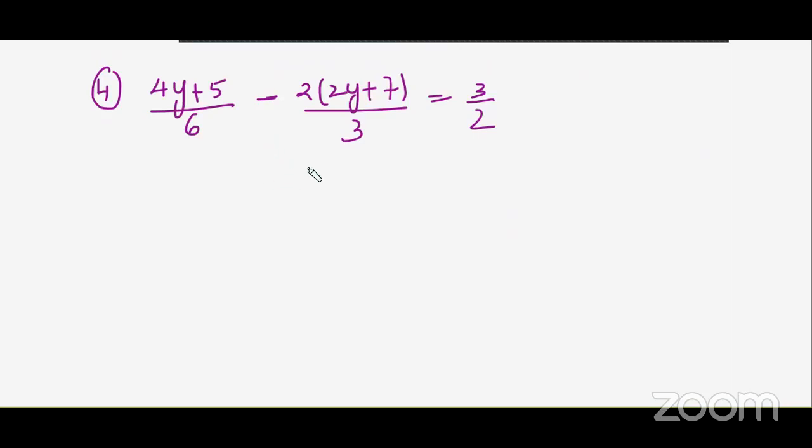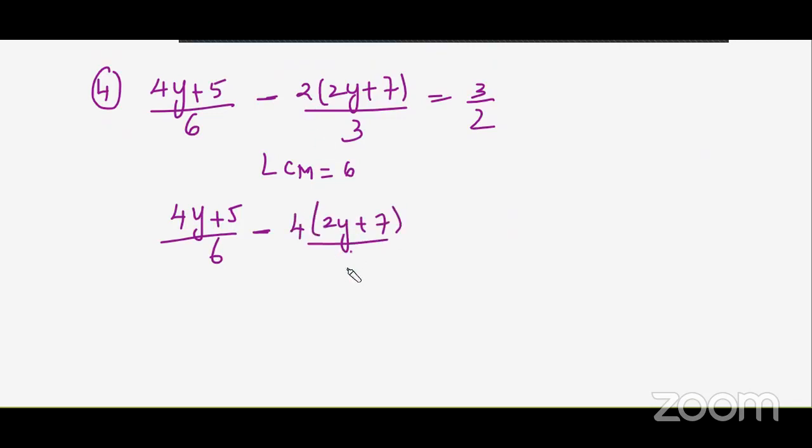Nothing to multiply in the first fraction, but in the second I have to multiply by 2. Already a 2 is present in the question, so one more 2 has to multiply. So I'll keep my first fraction as this. The second fraction, I'm going to multiply by 2. Already a 2 is there, so 2 2s are 4. (2y plus 7) divided by 6 equals 3 by 2.